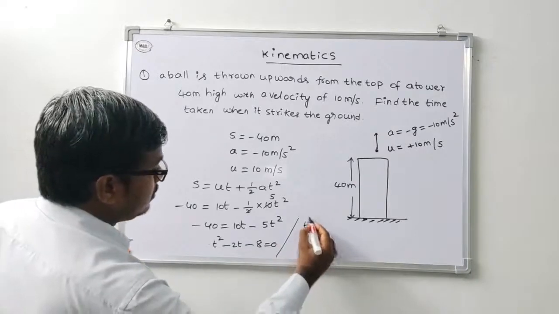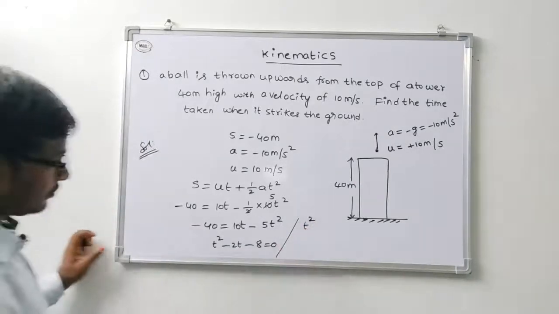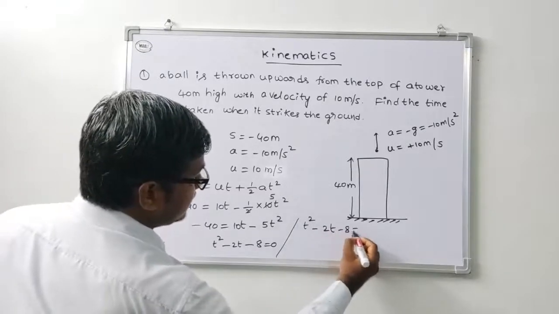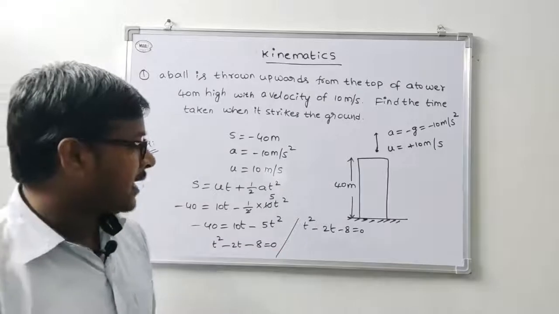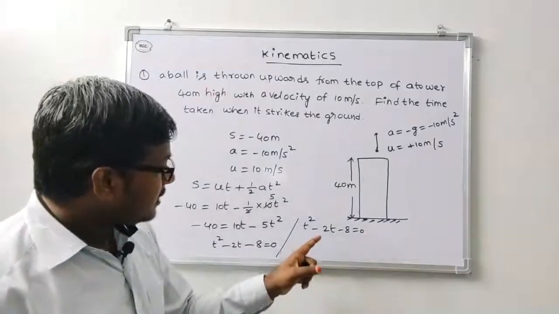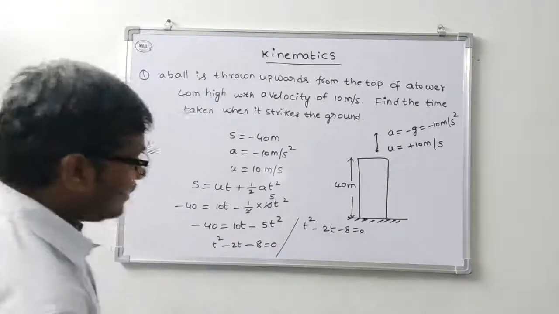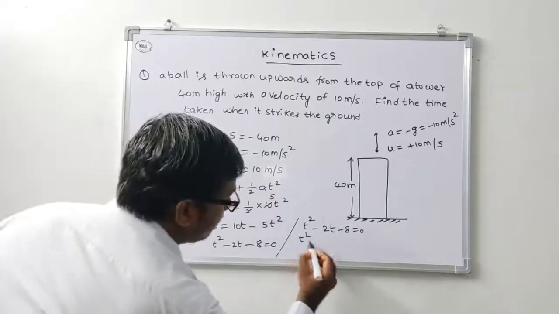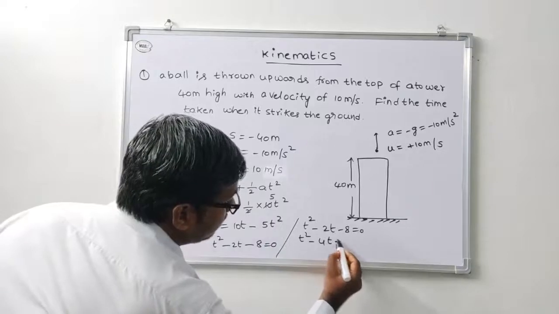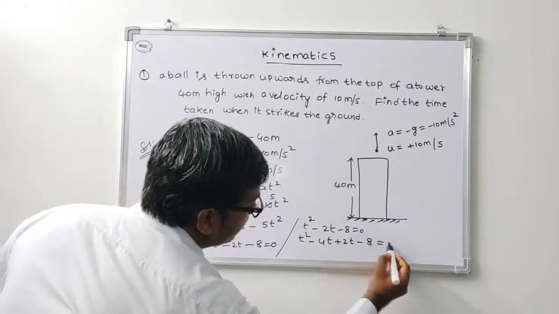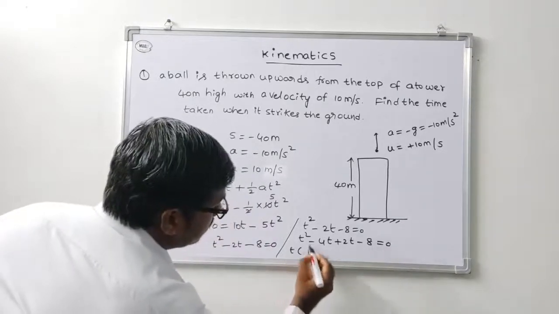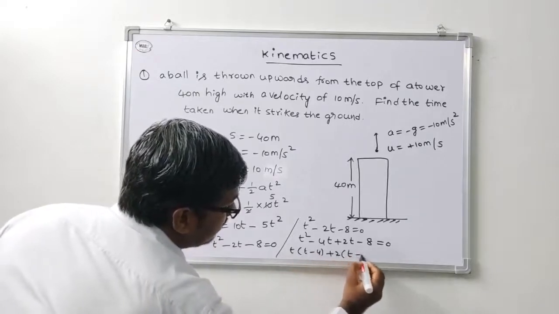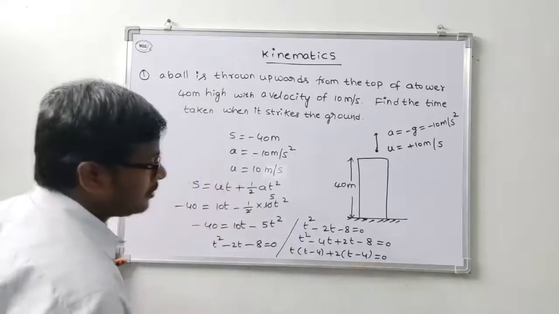Then t square minus 2t minus 8 is equal to 0. Splitting the middle term: t square minus 4t plus 2t minus 8 is equal to 0. t common, t minus 4, plus 2 common, t minus 4 is equal to 0.